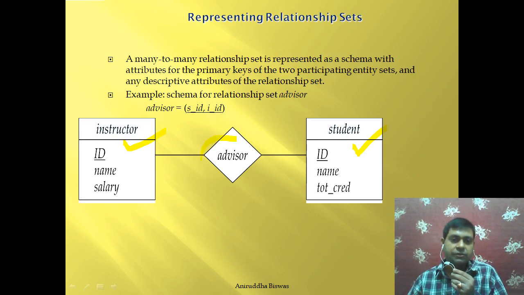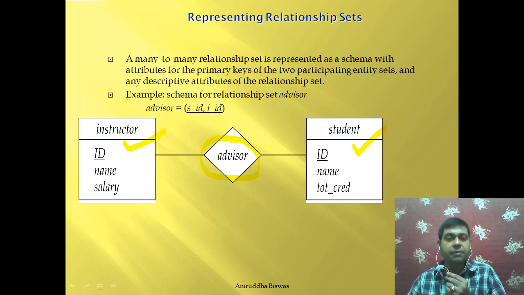The name of the relationship is what? Advisor is the relationship name here. Now instructor and student are two entities involved in a relationship called advisor. That means instructor advises student. So this is the relationship name in a diamond shape.